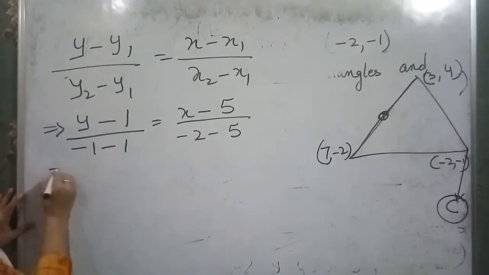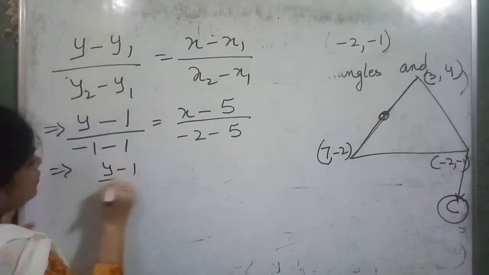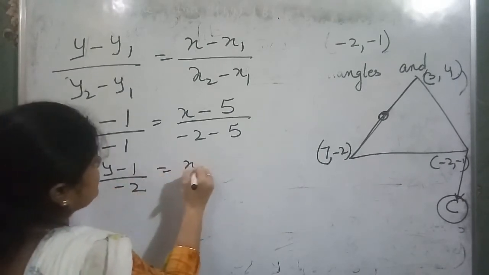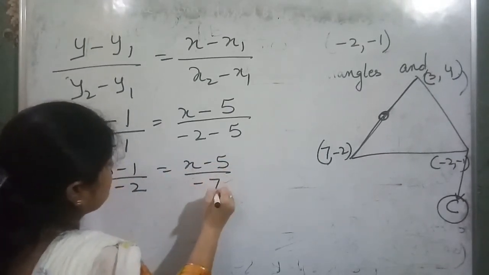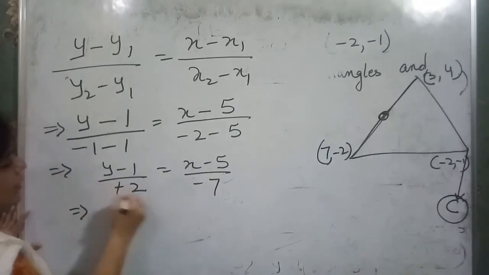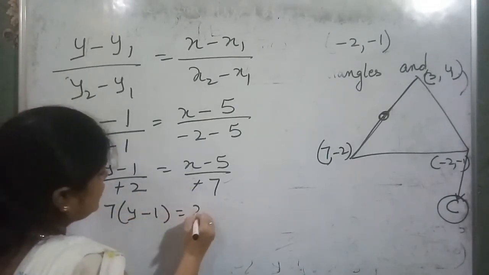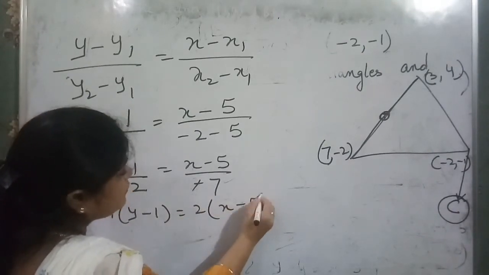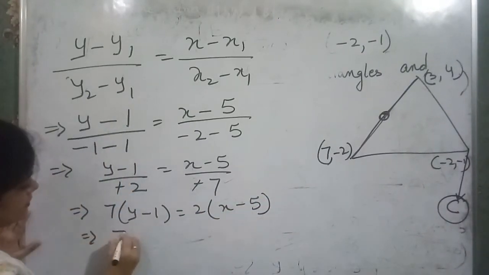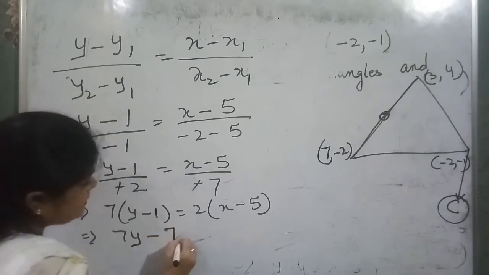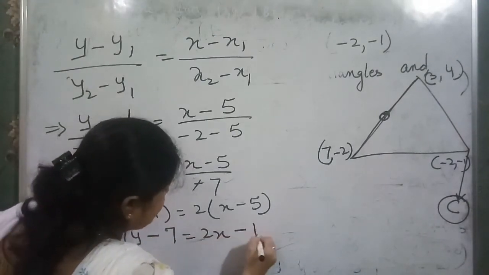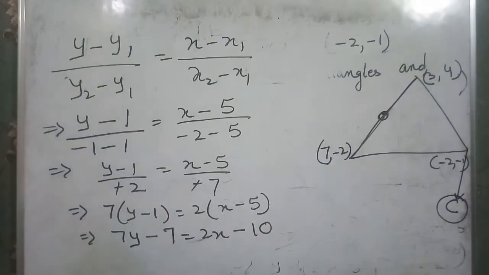Wait for a while. Now we have (y minus 1) over minus 2 equals (x minus 5) over minus 7. So we cancel the minus, and we have 7 times (y minus 1) equals 2 times (x minus 5). Now solve it. 7y minus 7 equals 2x minus 10. Okay.